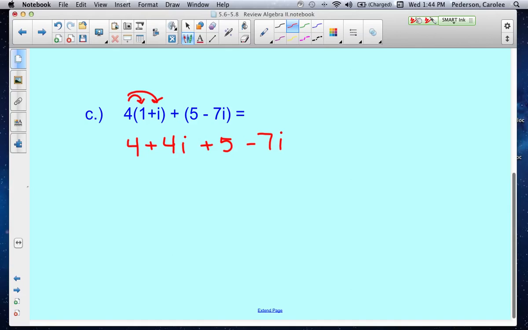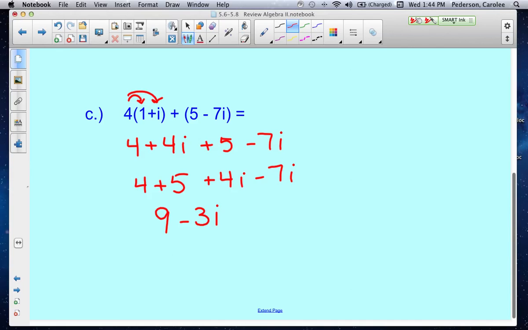It might not be a bad idea, so you don't forget anything. So those will be like terms, the reals, and then the imaginaries. So 4 plus 5 is 9. 4i minus 7i, -3i. You always put your real part first, then your imaginary.